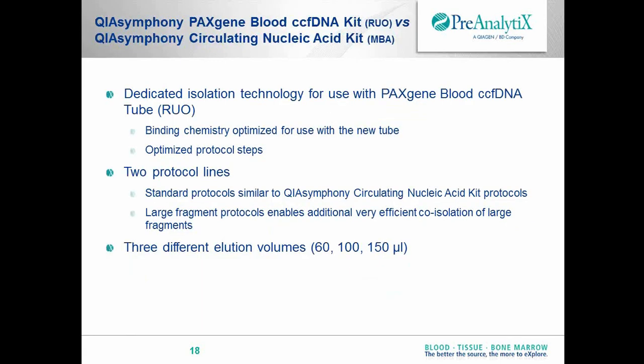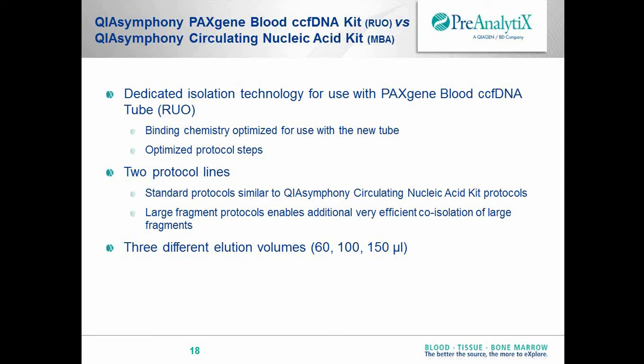So in summary and in comparison to the QIAGEN QIAsymphony circulating nucleic acid kit and the differences compared to this kit, with our new PAXgene QIAsymphony kit, we have a dedicated isolation technology for the plasma generated from the PAXgene Blood ccfDNA tube, so optimized binding chemistry for the plasma from the new tube, and optimized protocol steps to get the maximum yield out of our plasma.